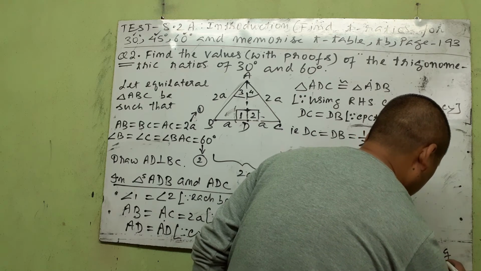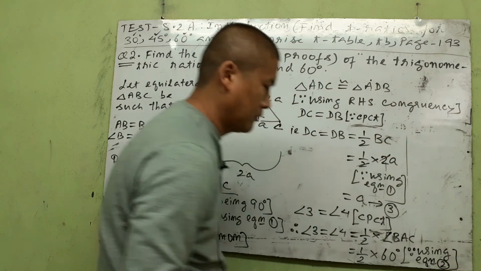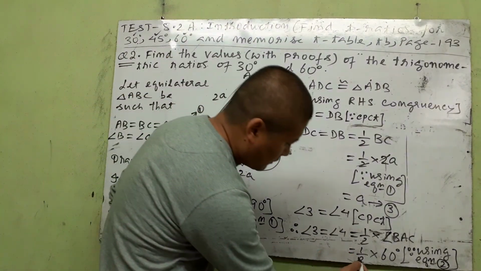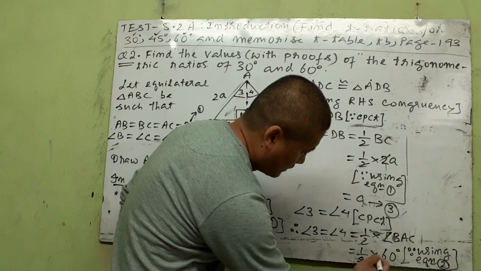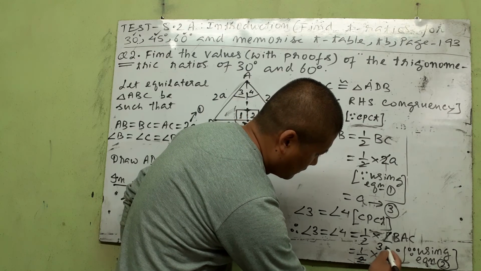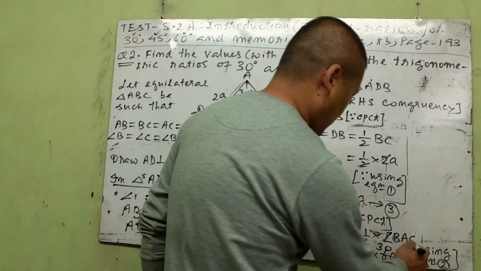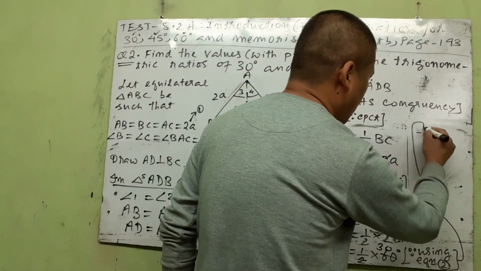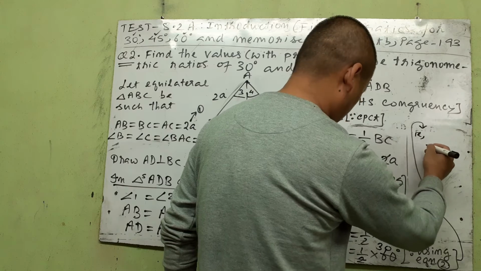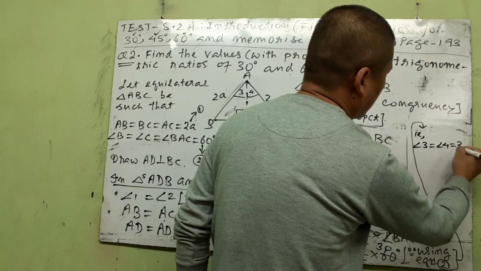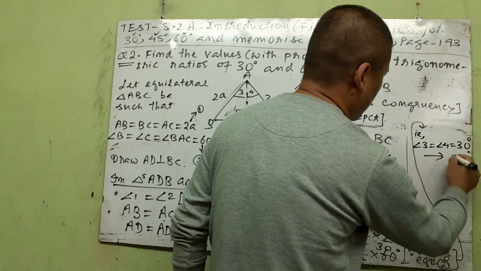Equation number 2 says BAC is 60 degrees. So if we cancel here 2 by 60, then 2 into 30 is 60. So finally we can write angle 3 equal to angle 4 equal to 30 degrees. You can put this one as equation number 4.